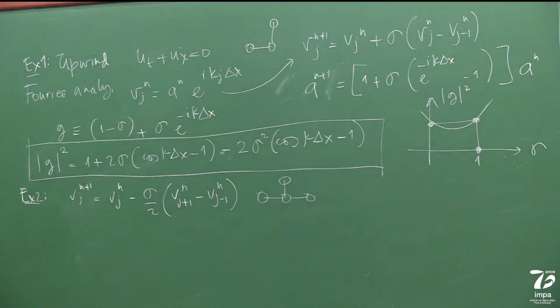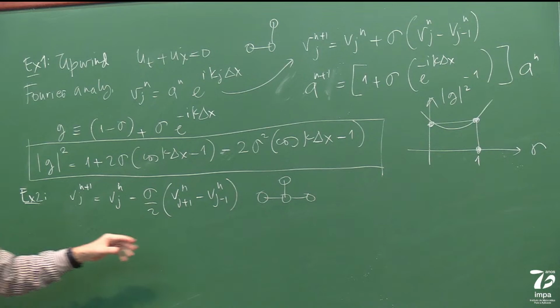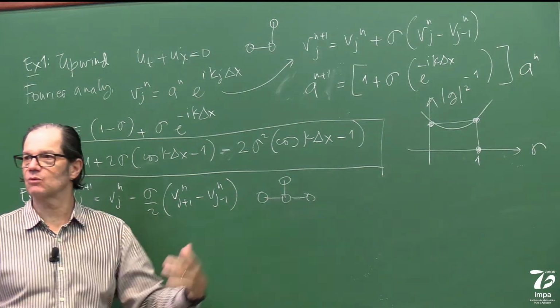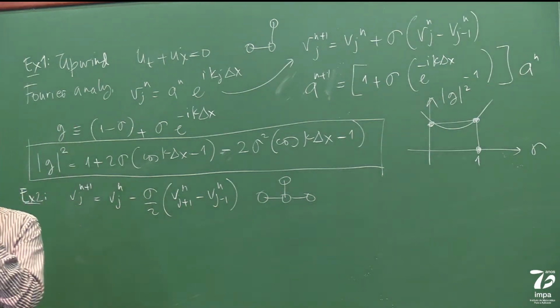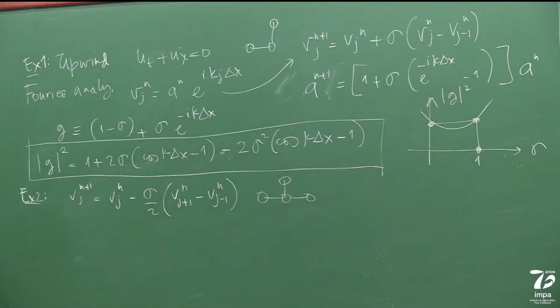Where the molecule is like this, looks like a legitimate method, right? Centered, and so on. Okay? And it looks a bit like a mixture of an upwind with a downwind, right? And probably the downwind guy, as you see, will give us a headache.